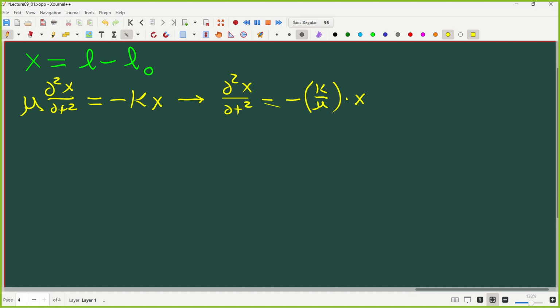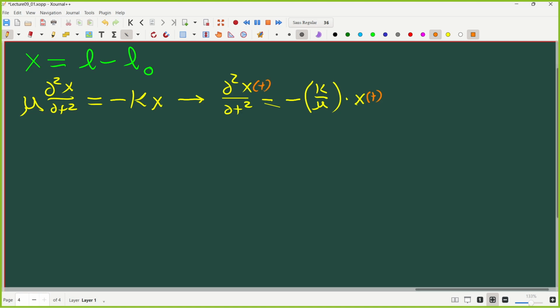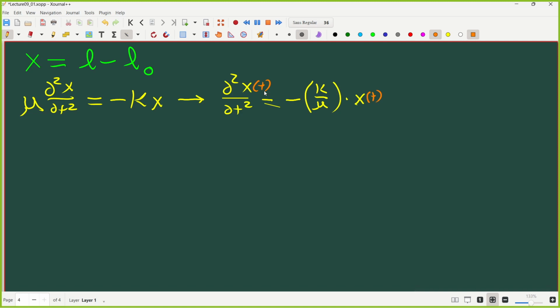We want to solve for the position. The position, again, is a function of time. So I'll just put that explicitly in there. It says that the second derivative of the trajectory, the second derivative of some function, is equal to the function times a constant. We saw this for the particle in the box.